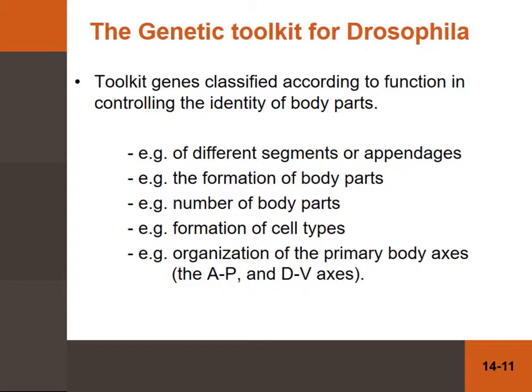These toolkit genes became classified according to their function in controlling the identity of body parts. So, for example, controlling different segments or appendages, genes involved in the formation of body parts themselves, or involved in the number of body parts, in the formation of certain cell types, or in the organisation of the primary body axes, that is the AP and DV axes, which we'll come back to.